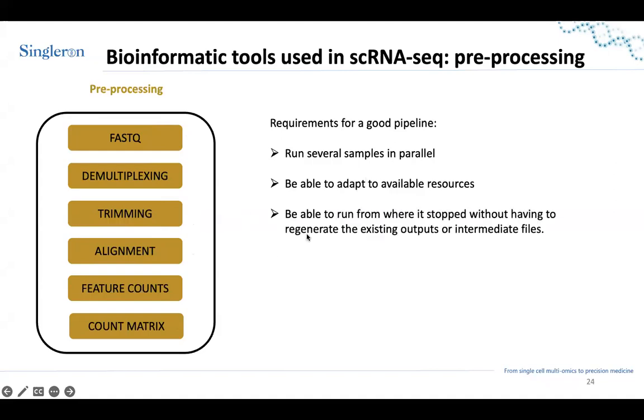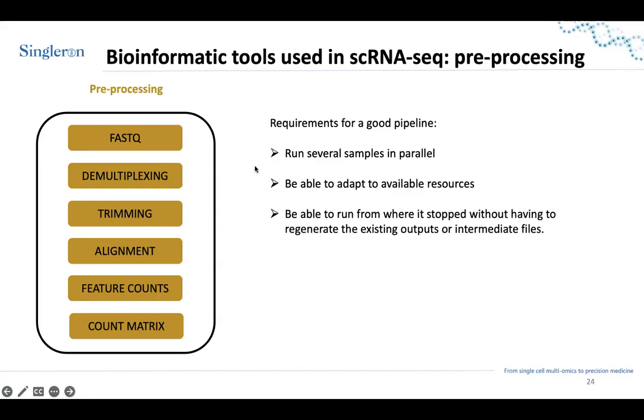And another requirement is that if for a certain reason the pipeline stops because of an error, and you need to rerun it after correcting the error, then it should not regenerate the files that are already there. Otherwise, you will just waste your time.